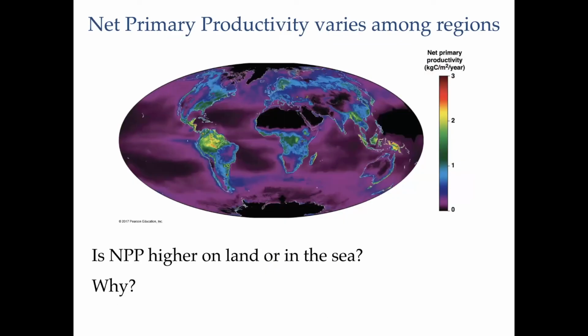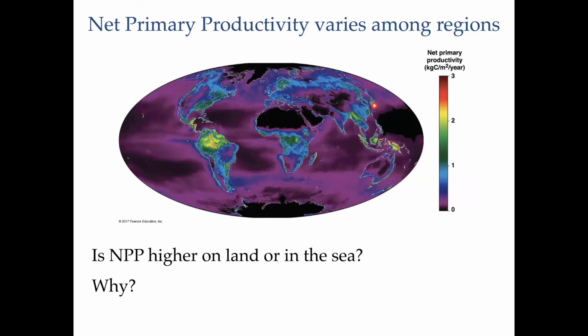Now, when we talk about net primary productivity, we have to understand that it is not going to be the same in all the regions of the world. It is going to be very different. Here is an example of a map showing the net primary productivity in the different regions of the world.